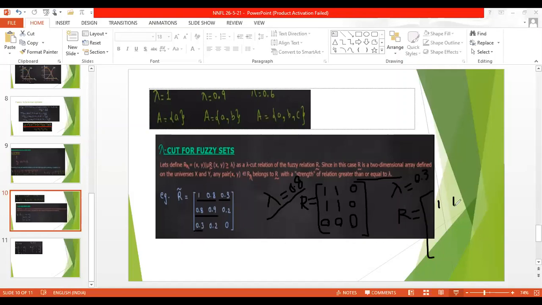So remaining all the terms zeros. 1, 1, and here it is 0.2, so it will be 0. 1 because it is 0.3. Again here 0, 0. Okay.